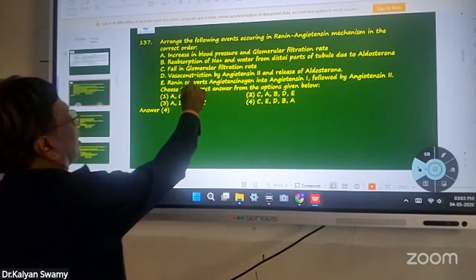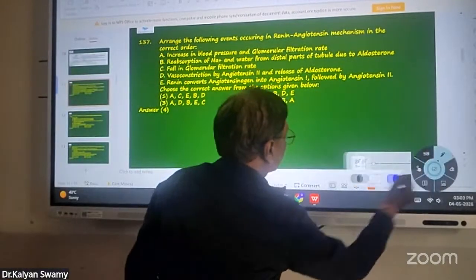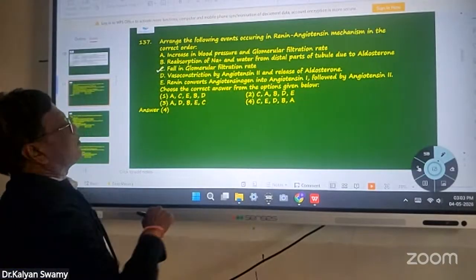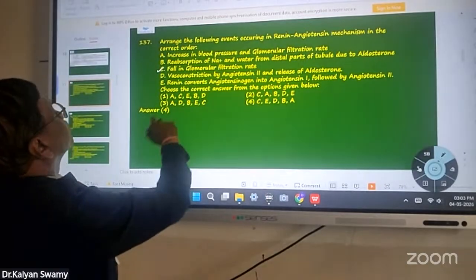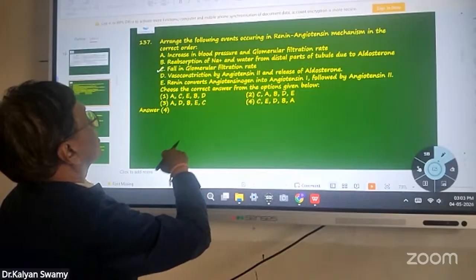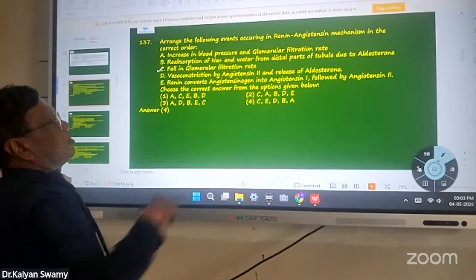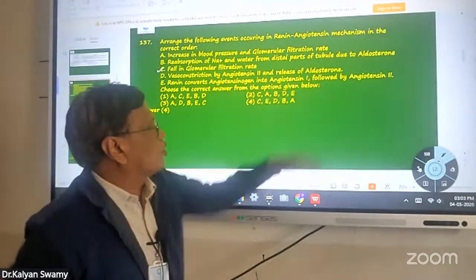Here first, fall in glomerular filtrate. Whenever there is a fall in the blood pressure, fall in glomerular filtrate stimulates the release of renin. The renin converts angiotensinogen to angiotensin.